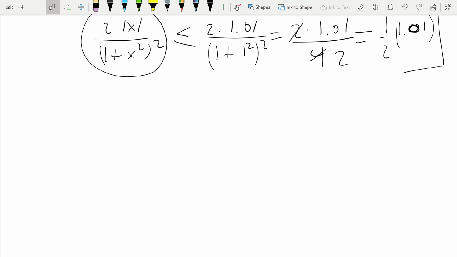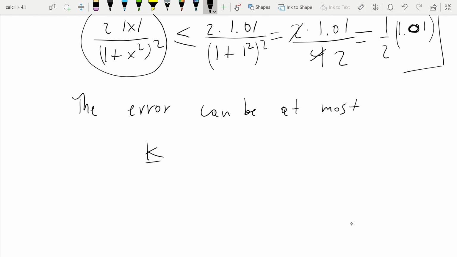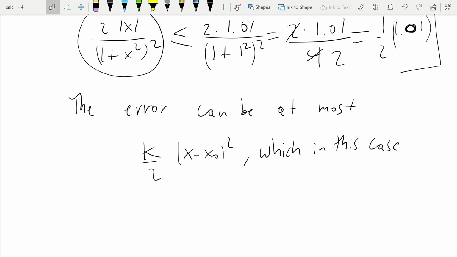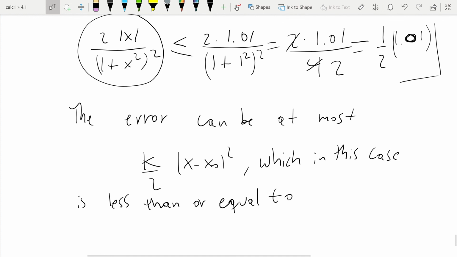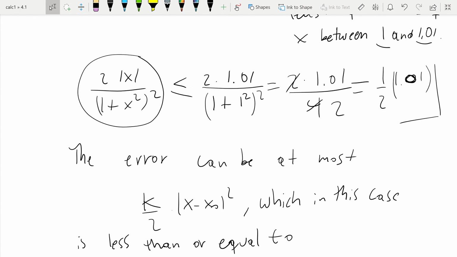In the end, remember the error can be at most k over 2 times x minus x naught squared, which in this case happens to be less than or equal to, what is the bound we found for k? 1/2 times 1.01.